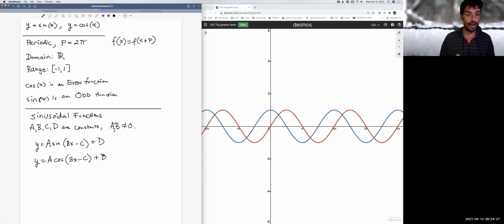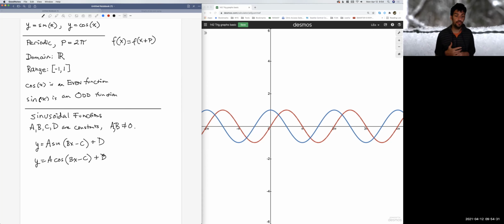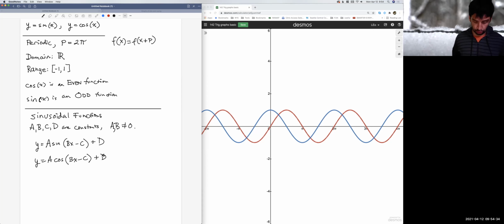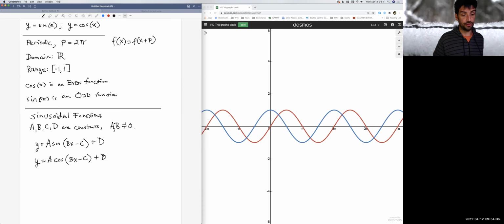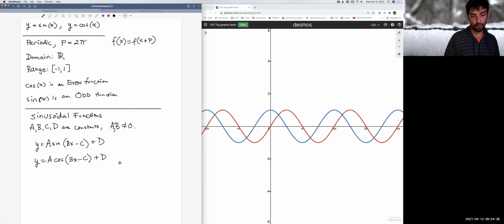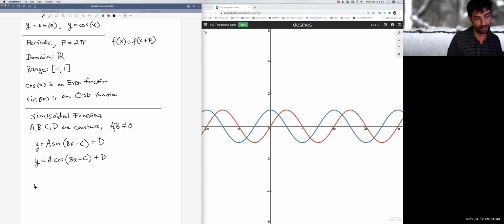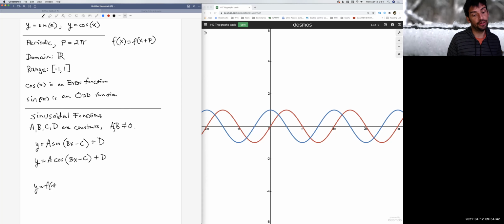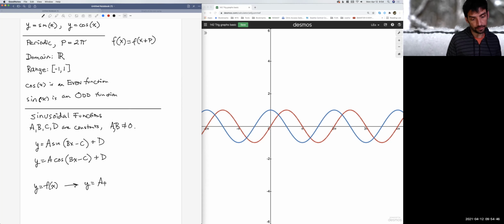Well, what you might notice, if you recall from previous courses, these are just transformations of functions, what we're doing here. So it's more familiar perhaps to look at something like, if we have the function y equals f of x, we can perform transformations.